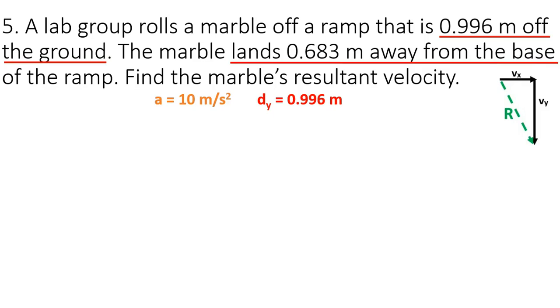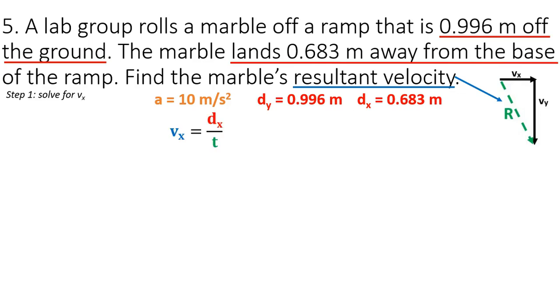Those are our key words to tell us that that is a horizontal displacement, or a dx. And we're ultimately looking for the resultant velocity. We'll notice that we don't have either velocity given to us, so this one has a little bit more steps than the last question. So our first step is going to be to solve for Vx.